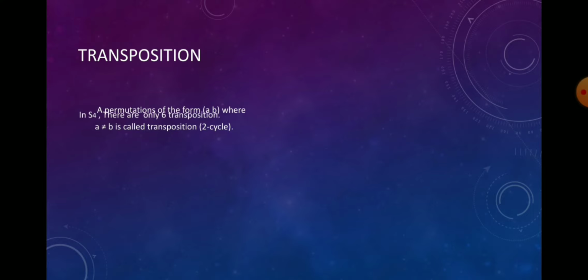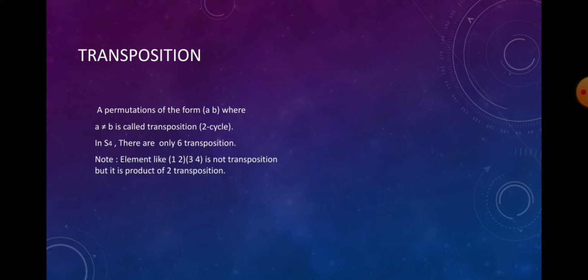There are only 6 transpositions in the group S4. We know that a permutation of the form (1 2)(3 4) is not a transposition, but it is a product of 2 transpositions. There are 3 such products of 2 transpositions in the group S4, and there are only 6 transpositions in the group S4.